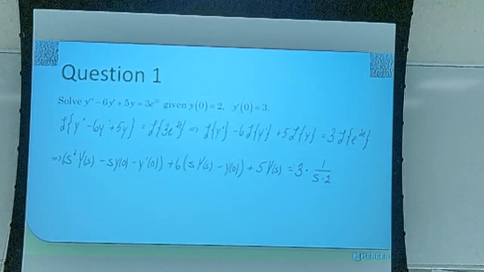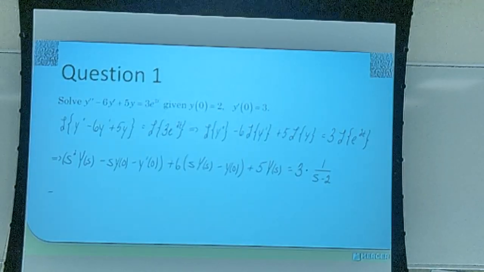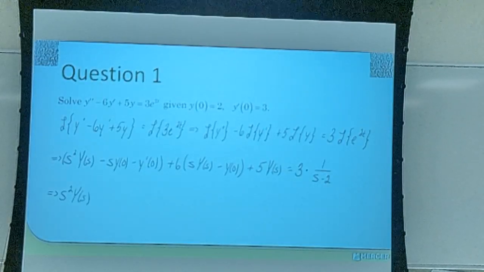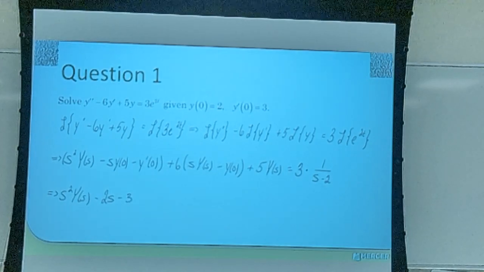Solve for big Y. So y of 0 was 2, that becomes 2s, y prime of 0 is 3.